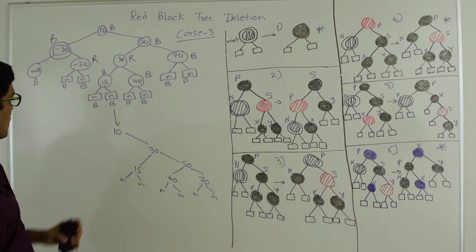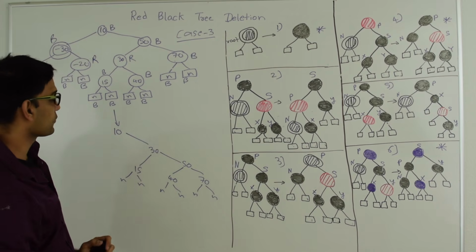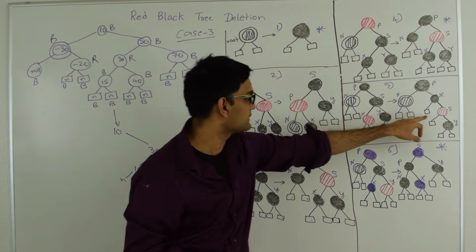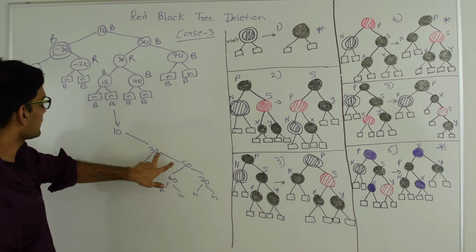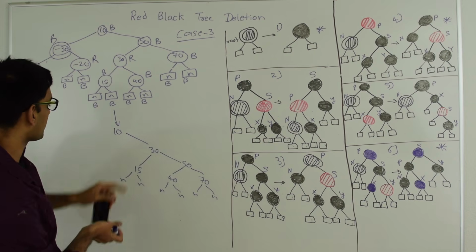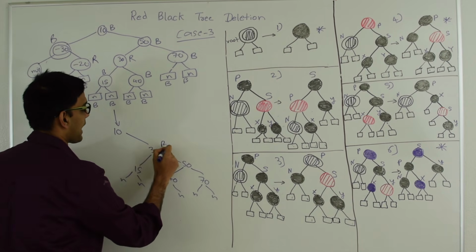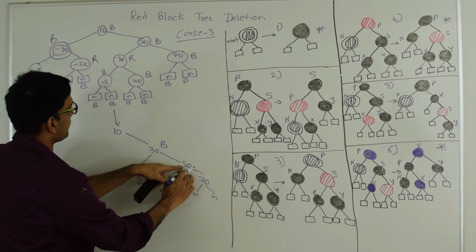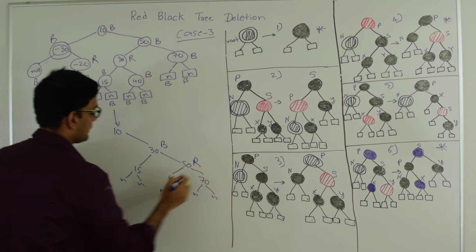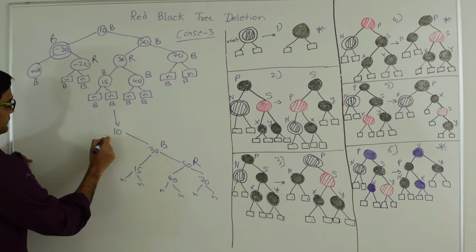So now, after doing this rotation, we have to also do some recoloring, as you can see here. So basically we swap the color of these two. So before this was red in color before transformation, so this becomes black, and before it was black, so this becomes red. And the rest of the tree is same.